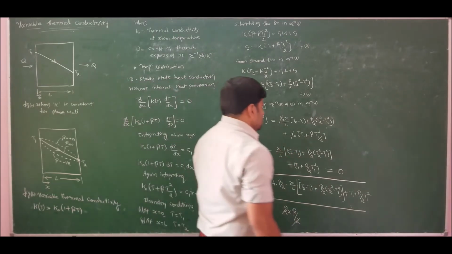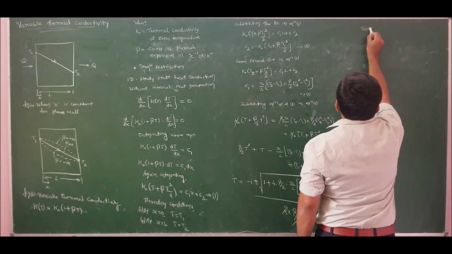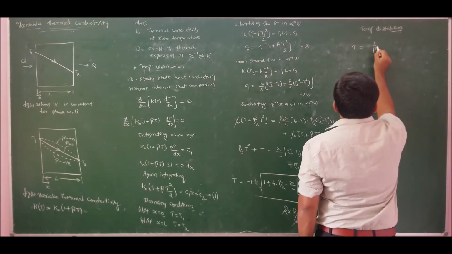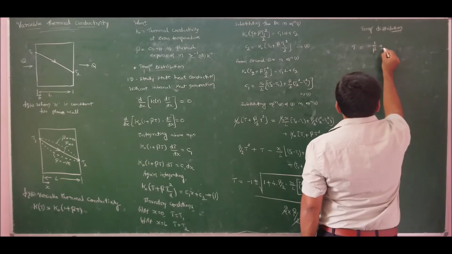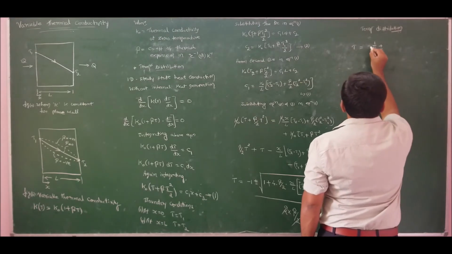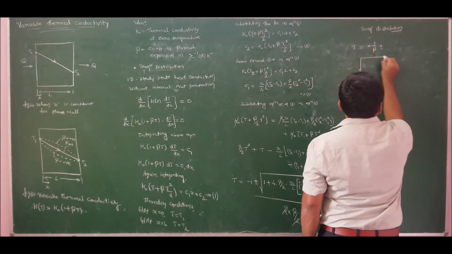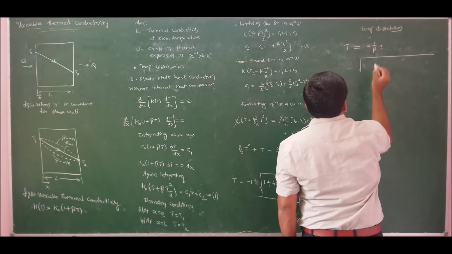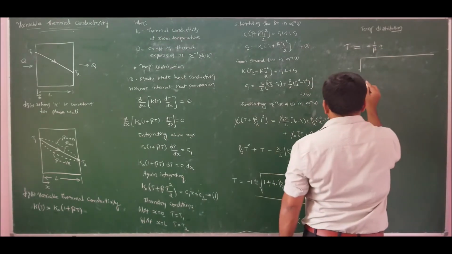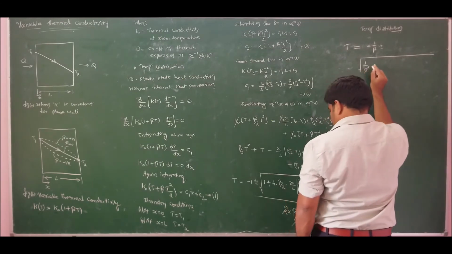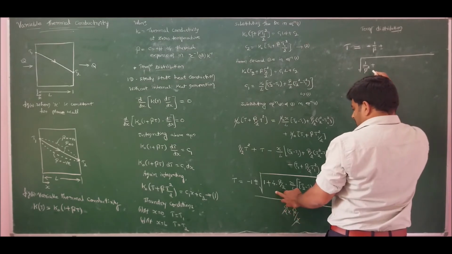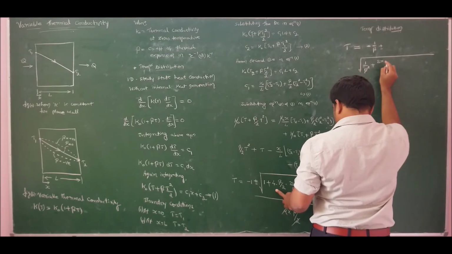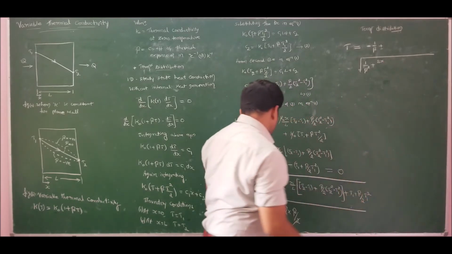So finally, the expression for temperature distribution is given by: temperature at any point x is equal to minus 1 by beta plus or minus square root of 1 by beta square plus, beta square, beta will get cancelled, it is 2 by beta, that is 2x by L, 4ac.